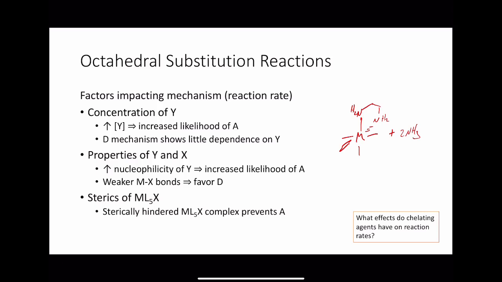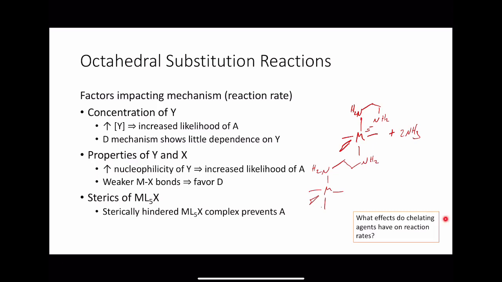If we consider this process, though, we necessarily are going to have to break 2 metal-ligand bonds in order to isolate these sites on our metal complex. If we have just the breakage of one of those bonds, we still have this dangling ethylene diamine species.